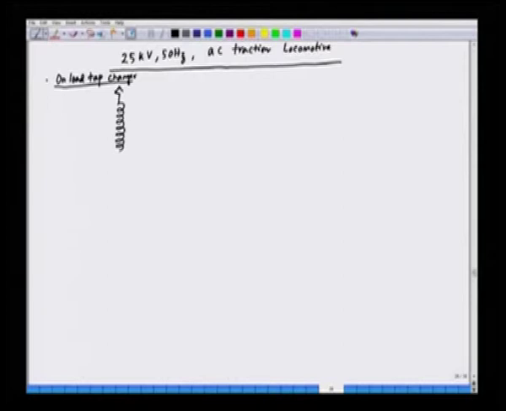So, we obtain this power from the overhead line, that is 25 kV, and this is the transformer primary, and we have the transformer on the secondary side, which is actually a step down transformer, but this secondary side has got many tappings.